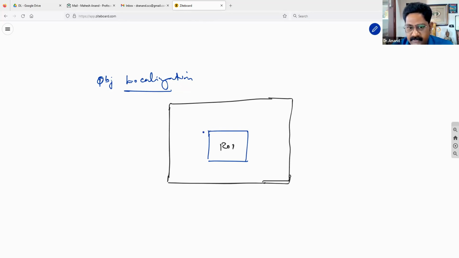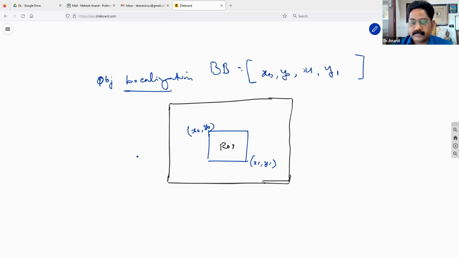As the top left corner pixel x0, y0, and bottom right x1, y1. So this is one representation. BB is a short form to represent the bounding box. So the bounding box is represented in one coordinate system as x0, y0, x1, y1.